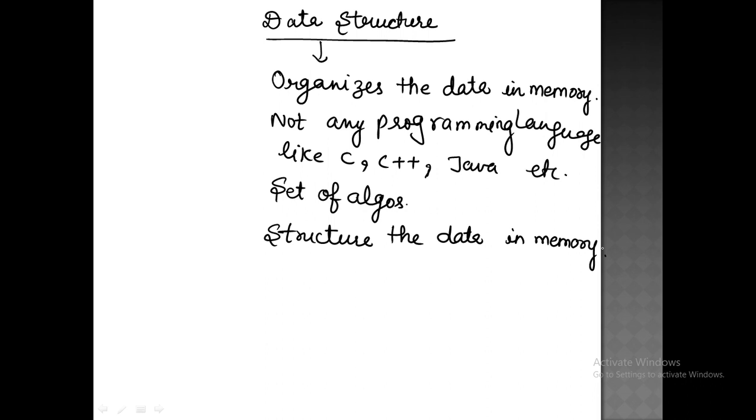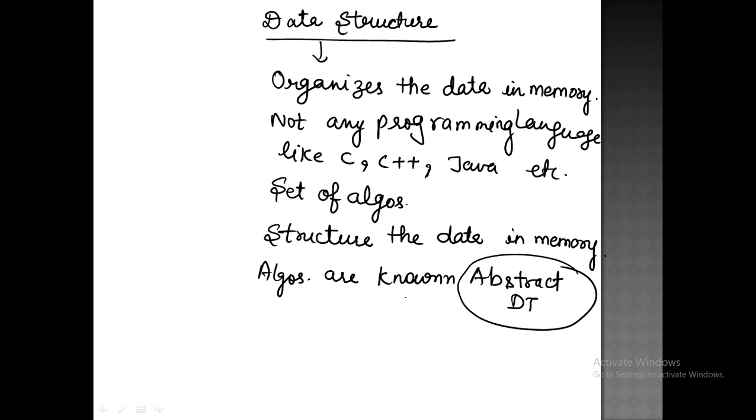To structure the data in memory, there are a number of algorithms which were proposed, and all these algorithms are known as abstract data types. These abstract data types have a further set of rules.